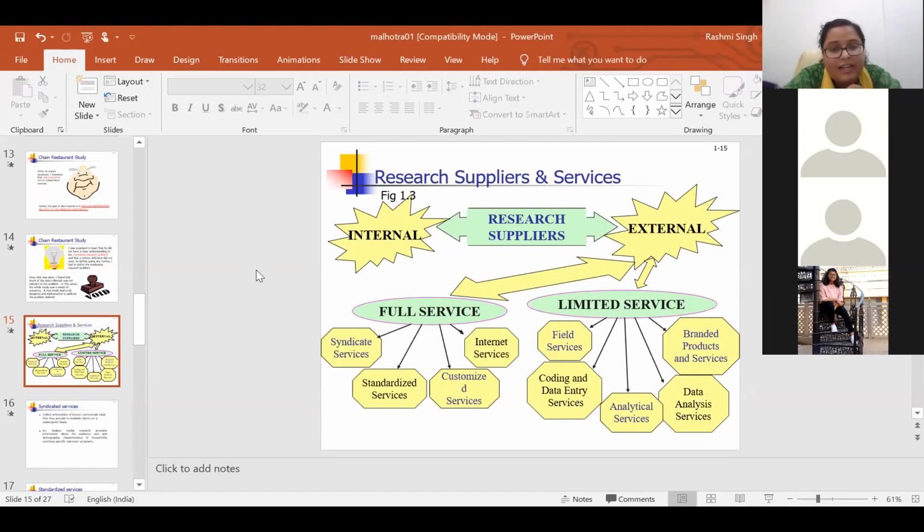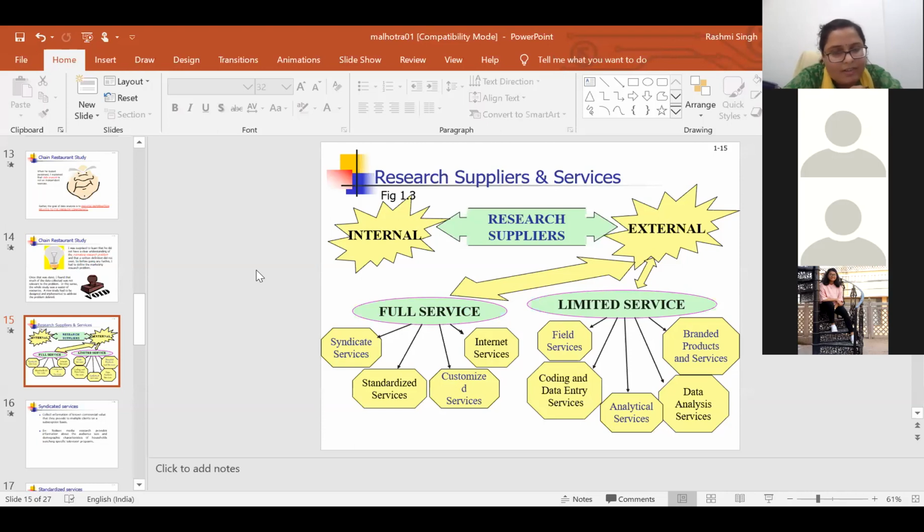Companies generally take help from outside suppliers. So these are the research suppliers who will do research on your behalf. Even XUV has its own R&D department, but we still take the help of external researchers. They will work on our behalf.